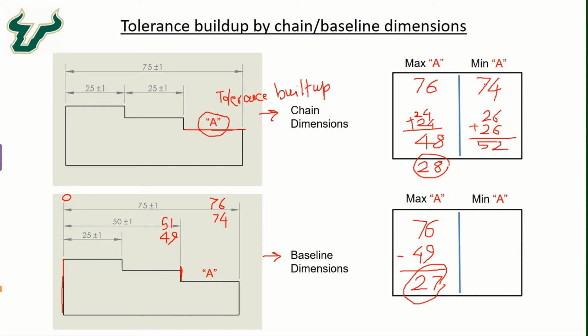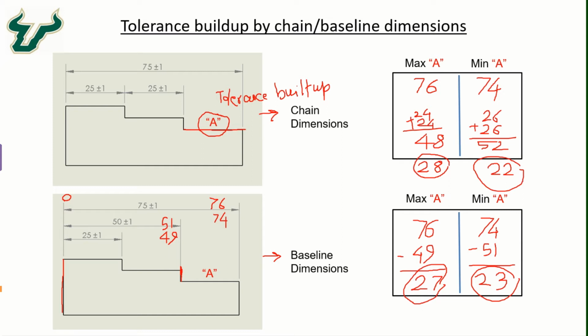And once we subtract, 74 minus 52, we get 22 as the minimum possible value of A. If you look at the baseline dimension here, it will be 74 minus 51, which is the minimum overall and the maximum inside. And this will come out to be 23.